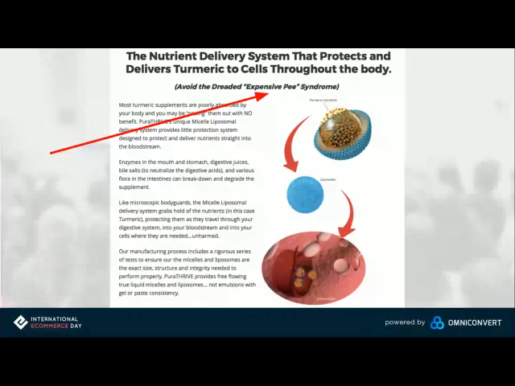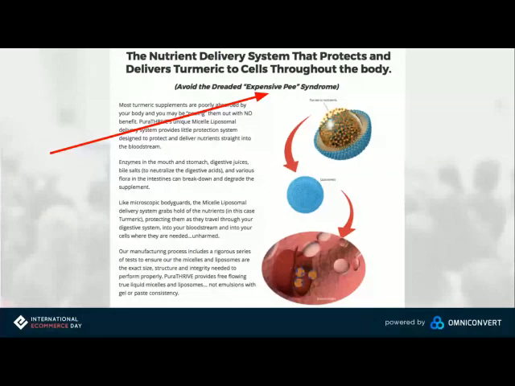So the P syndrome is the unique mechanism itself, which is basically stating that the old delivery method of taking this supplement, you're just pissing it away, and your body's not absorbing any of the turmeric. So therefore, you need this particular unique mechanism in order for your body to fully absorb it.